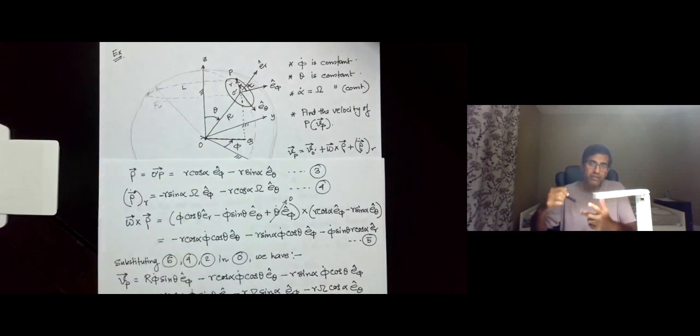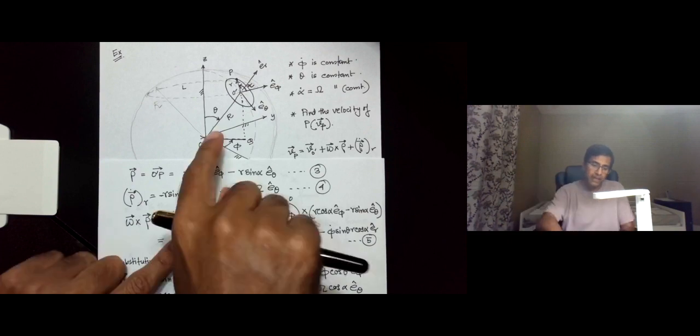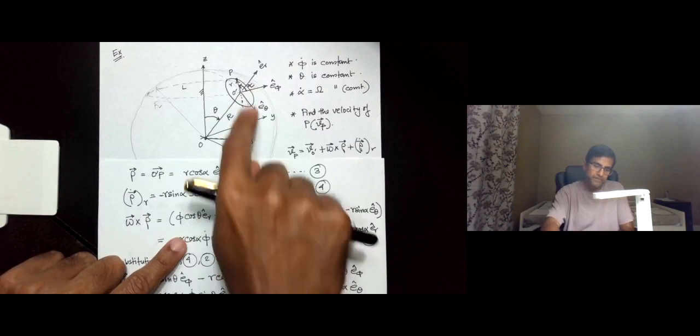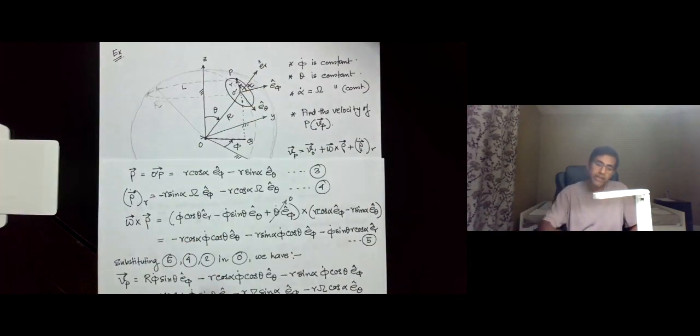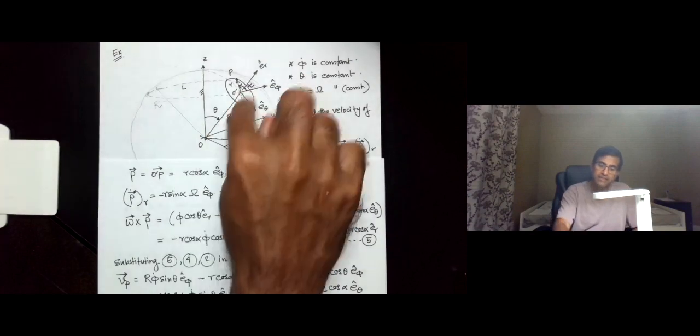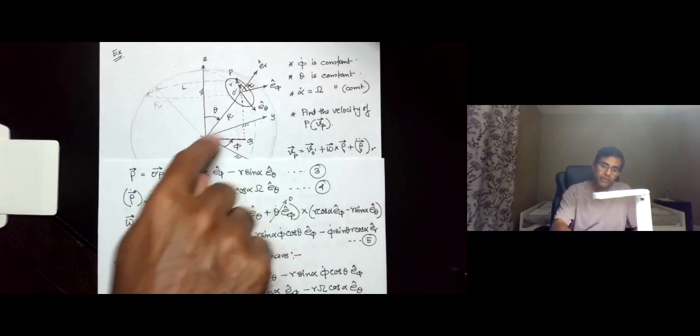Now, independent of the frame, the disk is spinning. So the spin of the disk is independent of the rotation of this rotating frame. Keep that in mind. We have a rotating frame here, which is actually not fixed to the disk. It is fixed to this bar, and the disk is rotating independently of it.